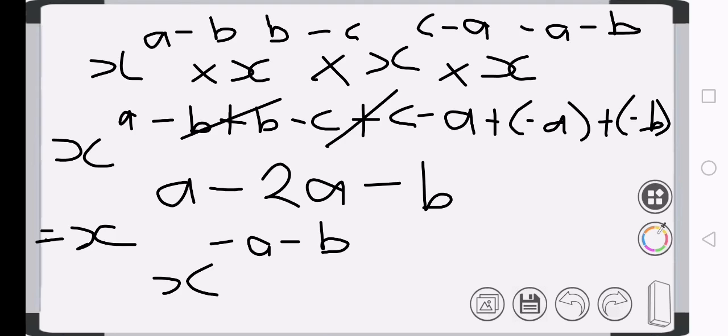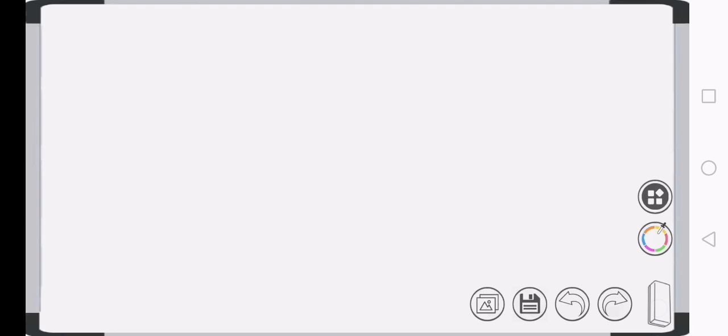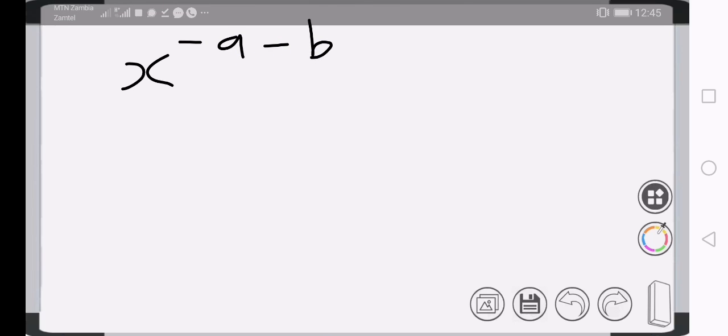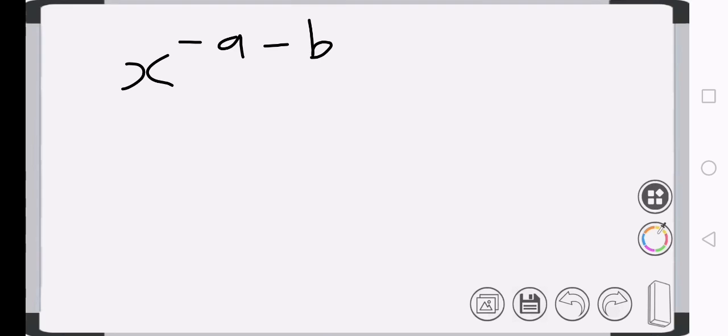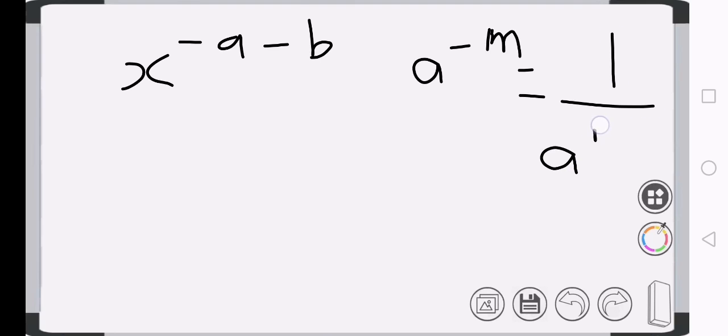Now, this situation takes us to our previous lesson. We have x to the power negative a minus b. Remember, we said that we can write something like this: a to the power negative m is equal to 1 over a to the power m.